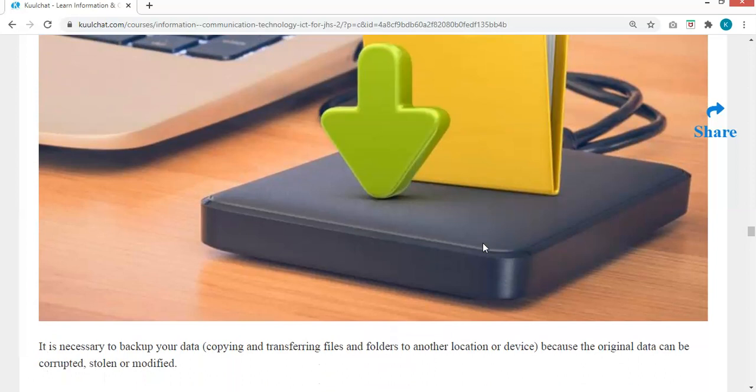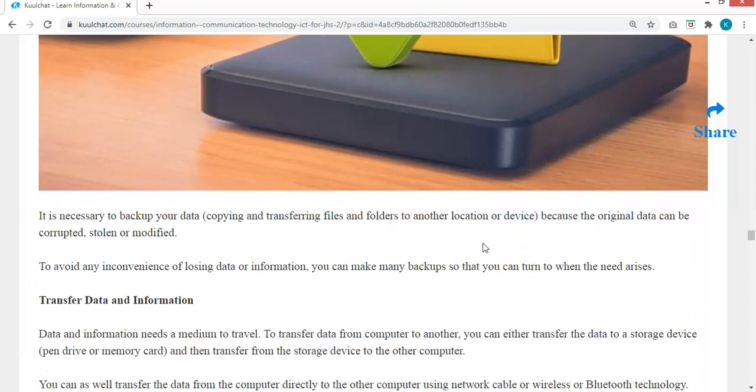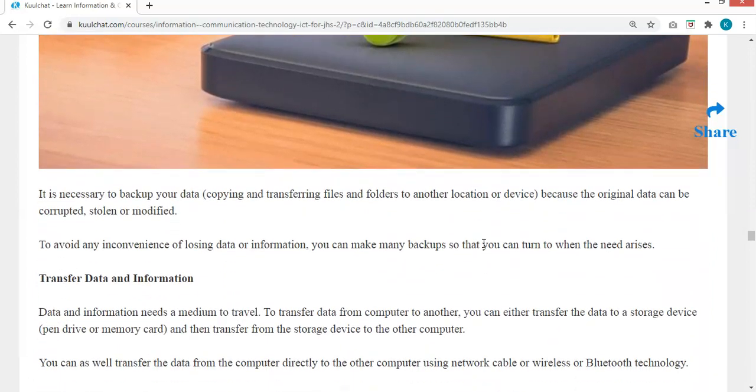Okay, so it is necessary to back up your data, copying and transferring files and folders to another location or device. So that's the definition or the meaning of a backup. So you transfer files or folders from one location to the other. So it's just a copy of it. So the original one is there. So it's just a copy of them.